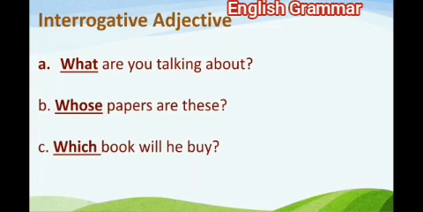They are used with nouns to ask questions. What are you talking about? Whose papers are these? Which book will he buy? So interrogative adjectives are words that we use to ask questions.